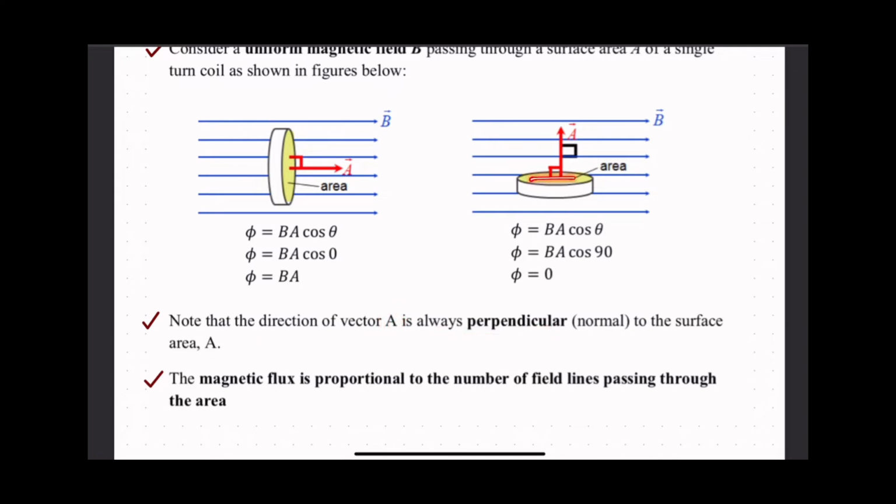Okay, so the normal to the surface area is vector area A, where the angle between vector area A and B is what you need to know to substitute in the formula of magnetic flux.